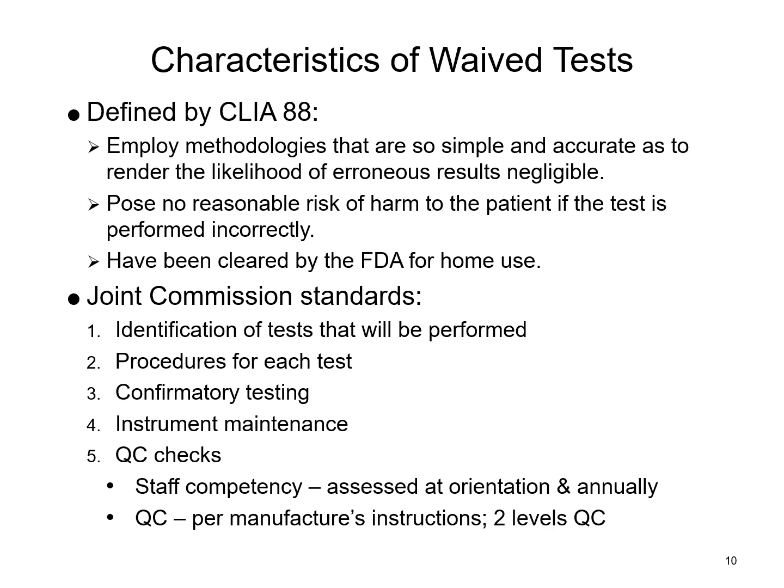Also, for QC, you must follow manufacturer's instructions, and typically it's going to include 2 levels of QC, usually a positive and a negative, or a high and a low, if it's available. There are some tests out there, very few, that there is no QC material made for, but that's very rare.